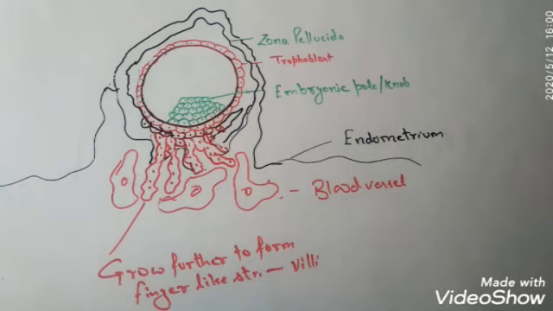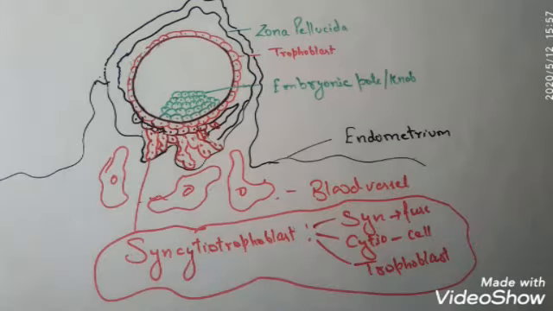The finger-like structures so formed due to the proliferation or multiplication of the trophoblast layer of the blastocyst are called villi. Now, as evident from the figure, these trophoblast cells not only multiply but they also get fused. So you cannot see any limitation between the two cells.